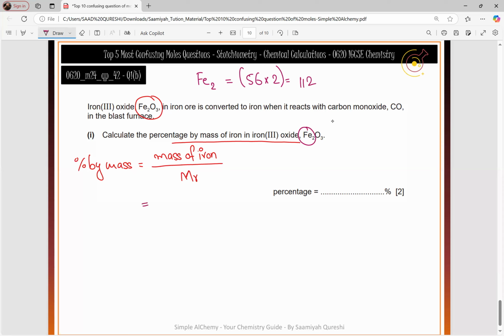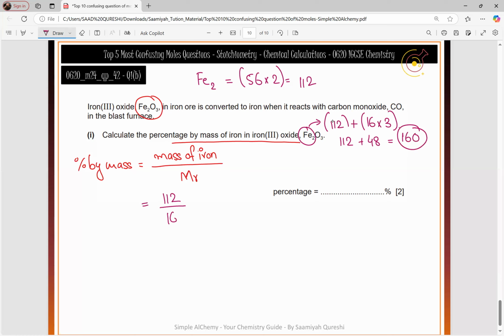So in the numerator, we'll put 112. And in the denominator, we put the molecular mass of iron oxide. So Fe2 is 112 plus oxygen 16 into 3. 16 multiplied by 3 is 48. So 112 plus 48 is 160.